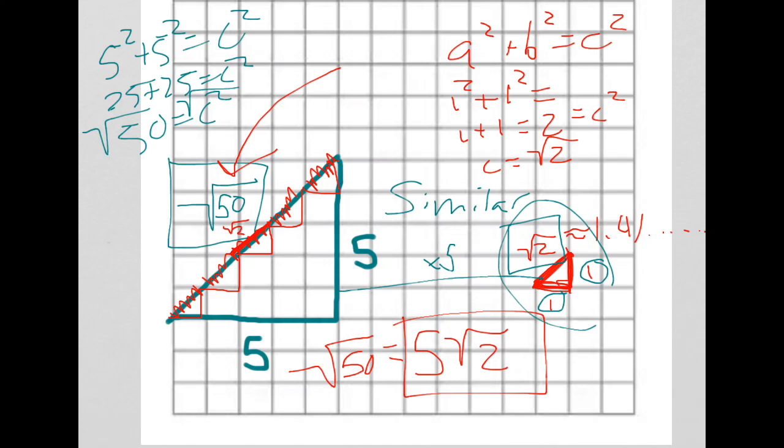Multiply this triangle by 5, those lengths become 5, because 5 times 1 is 5, and the hypotenuse becomes 5 times the square root of 2, because the hypotenuse there was the square root of 2, so we multiplied it by 5. Ooh.